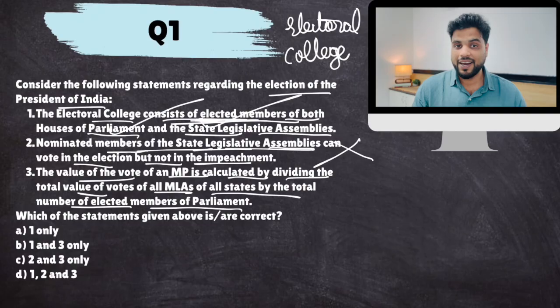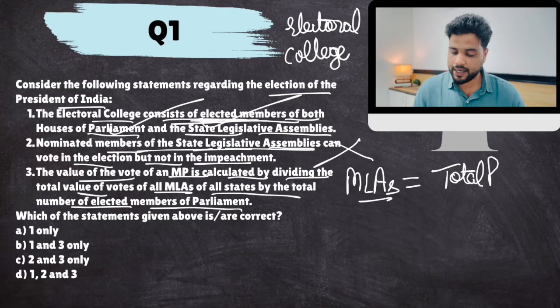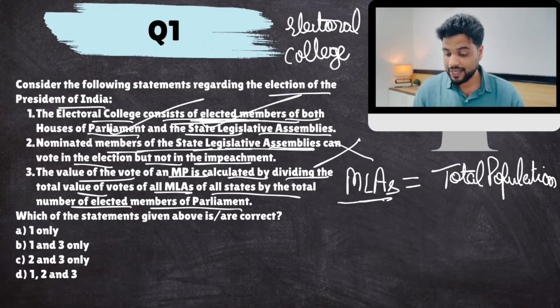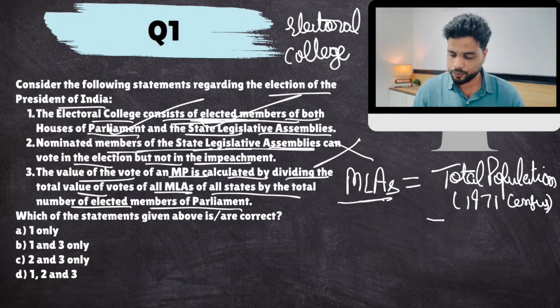Now, what is the value of vote for each member of electoral college? As far as all the MLAs are concerned, the value of vote of each MLA is the total population of the state from where they are coming, the population of the state from which they are MLA. This population shall be as according to 1971 census, because there were certain developments, the electoral college votes were frozen at 1971 census.